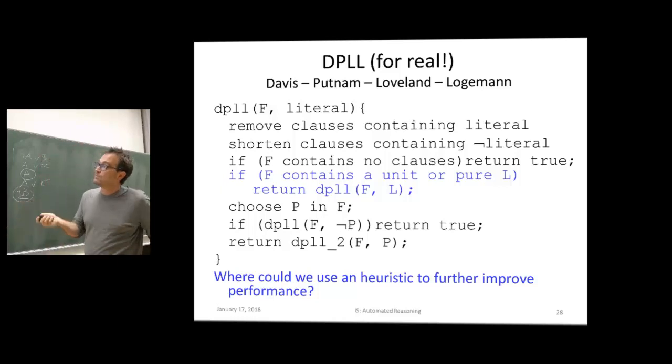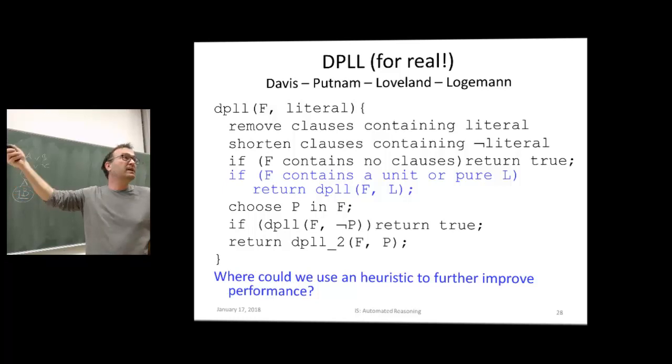So what is now the place to put in a heuristic value? Of course, we have this choose P and F. And here is where we can choose in an intelligent way. So in principle, this was, up to now, a simple unordered, what was it? Queue or stack?